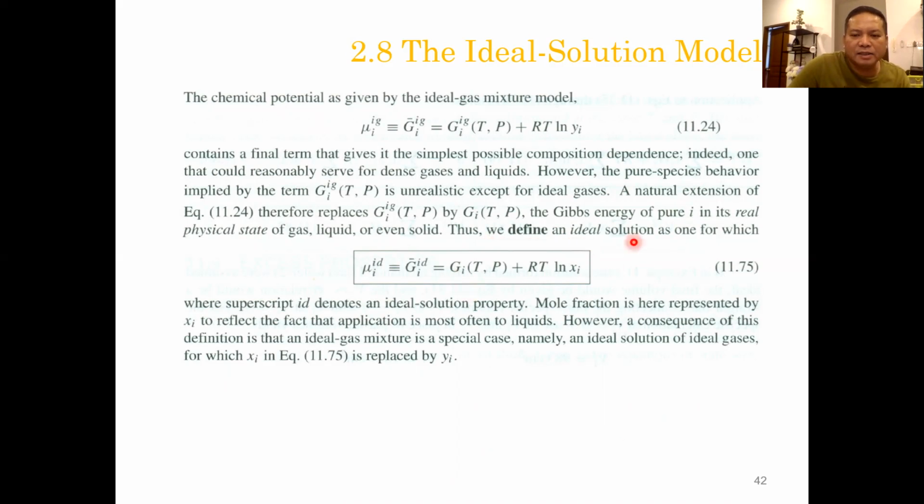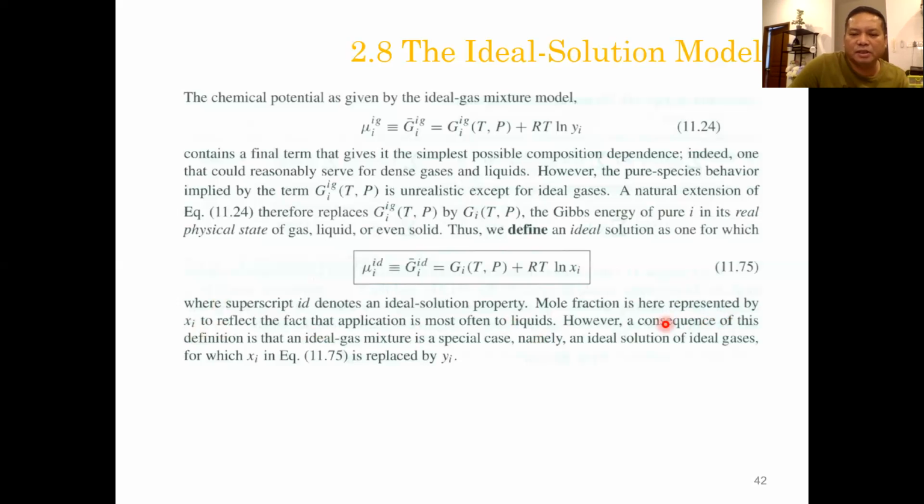We define ideal solution as one for which, okay, this equation here, where the subscript ID denotes ideal solution properties. Mole fraction is here represented by Xi to reflect the fact that application is most often to liquid. Okay, so solution is for liquid.